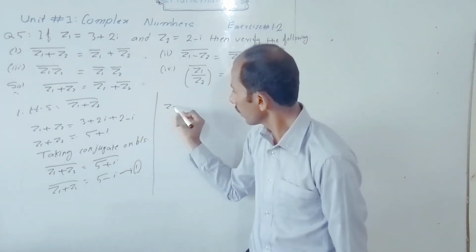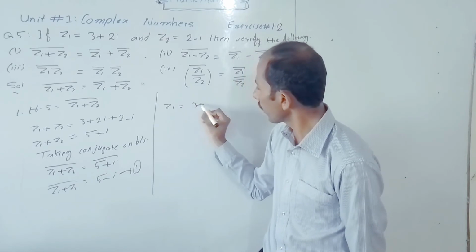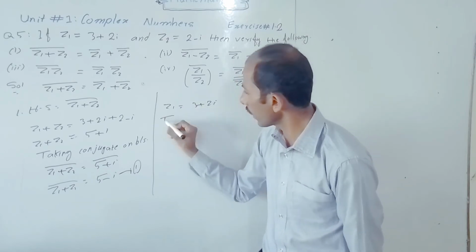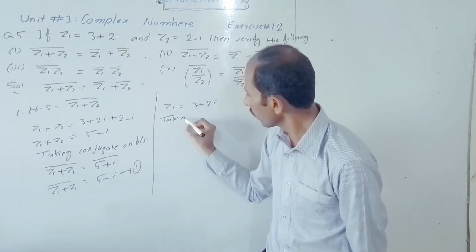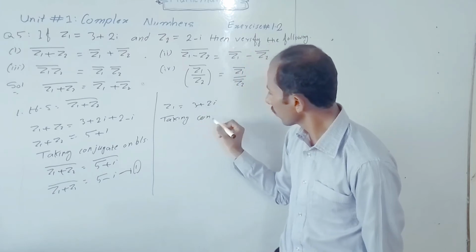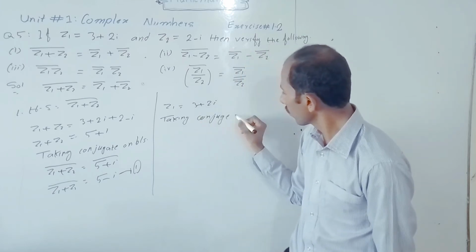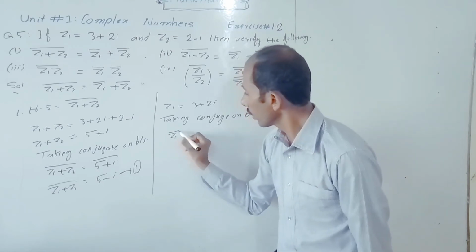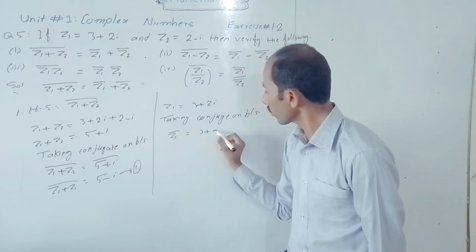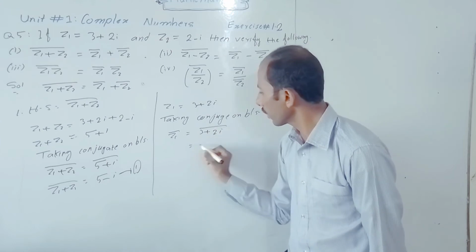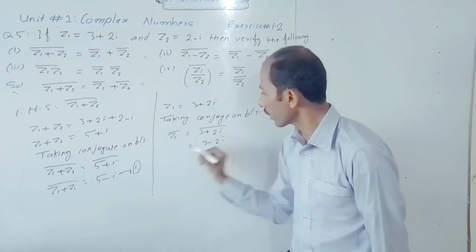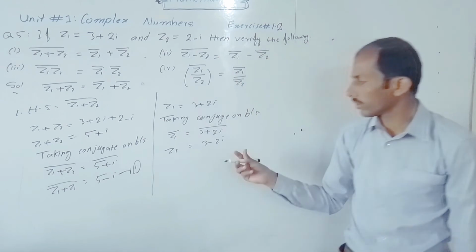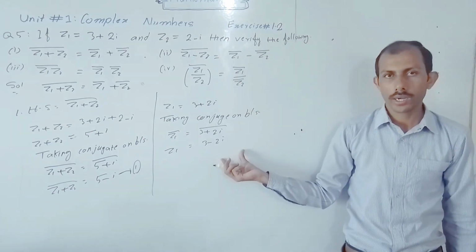Z1 is equal to 3 plus 2 iota, taking conjugate on both sides. So Z1 conjugate is equal to 3 plus 2 iota whole conjugate, so 3 minus 2 iota.